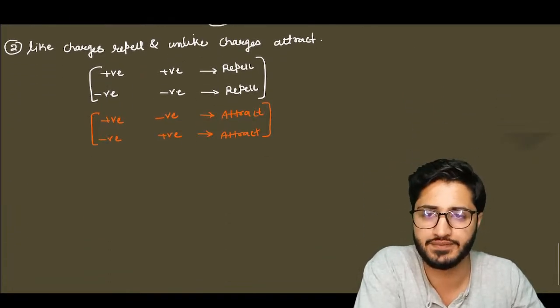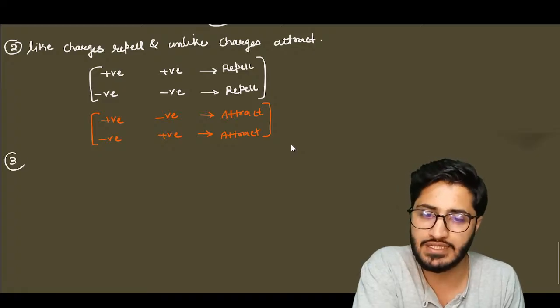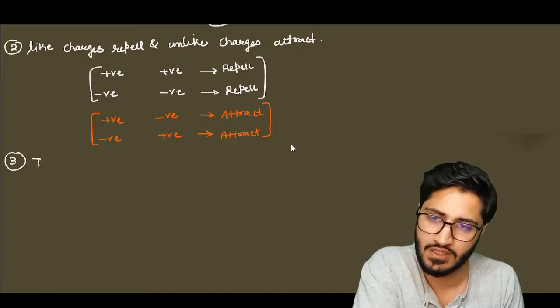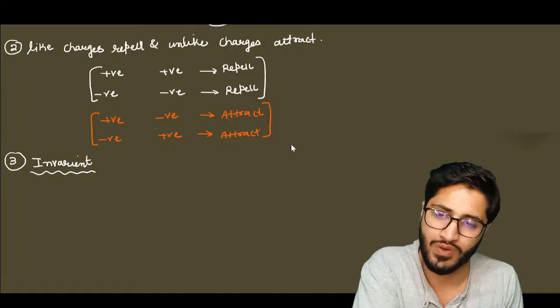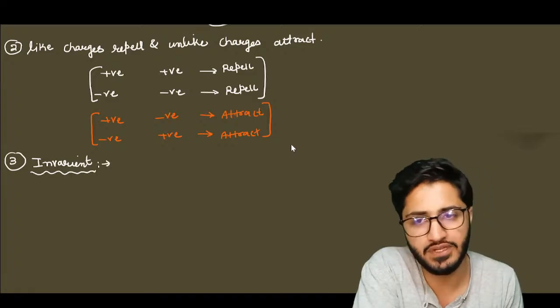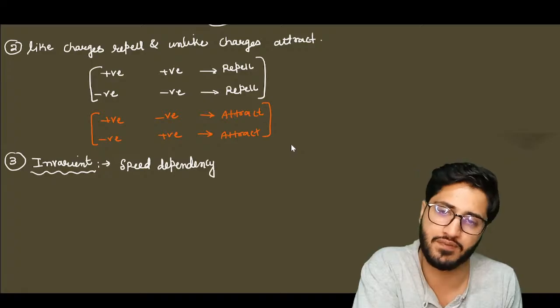Okay, now, third property of charge is, sir, it is invariant. What is invariant? That means speed dependency.